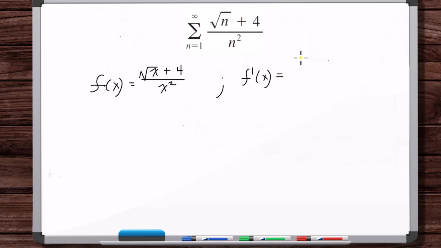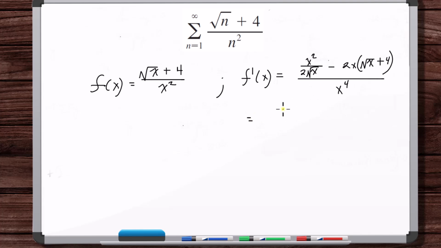So derivative of the top times the bottom, so x squared over 2 root x, minus derivative of the bottom times the top, all over the bottom squared.